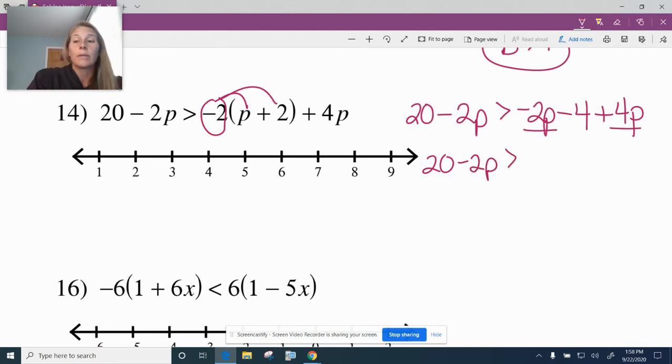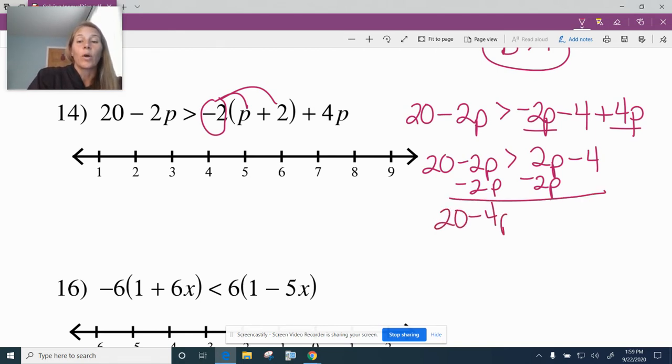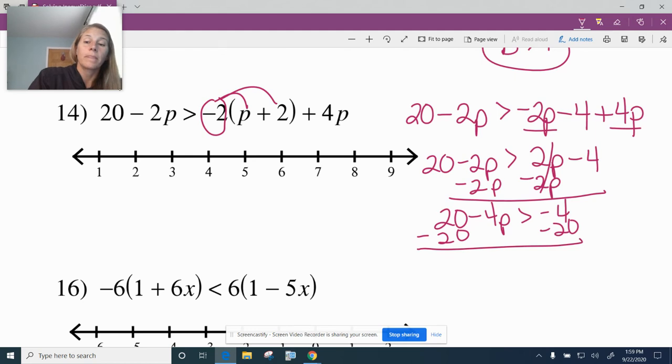So -2p plus 4p is going to give me +2p. And now I want to move all my variables to the same side. So I decided to move my p to the left, which is going to give me a -4p. And now I'm going to move my 20 over to the right. So I have -4p and then -24.